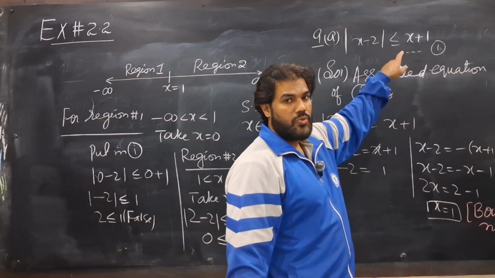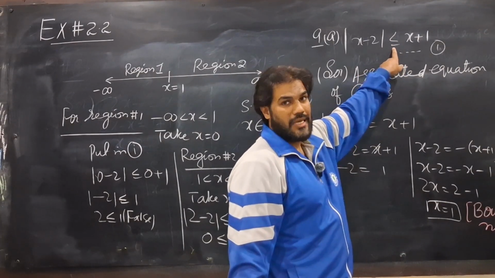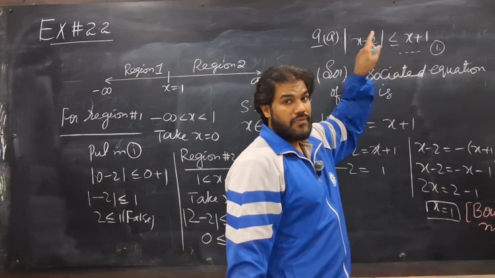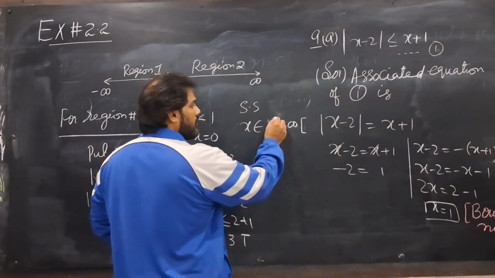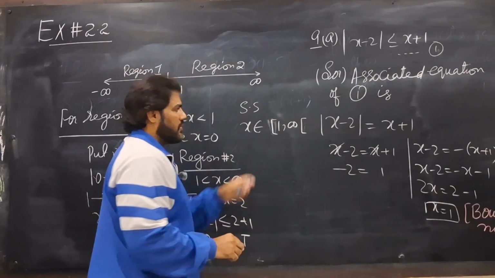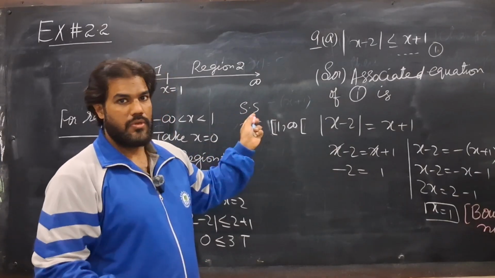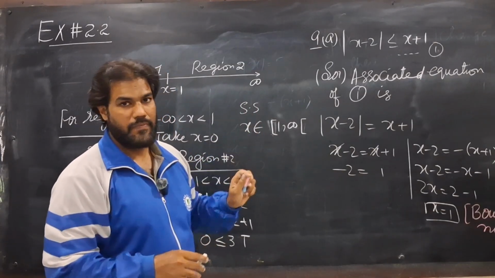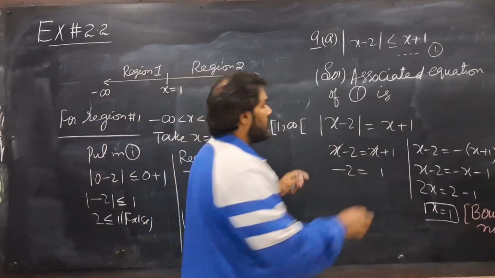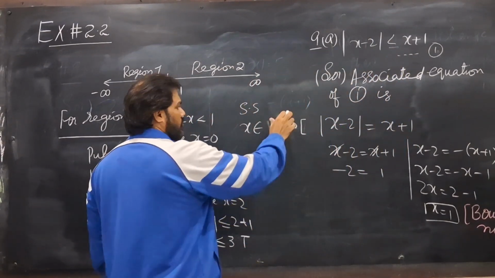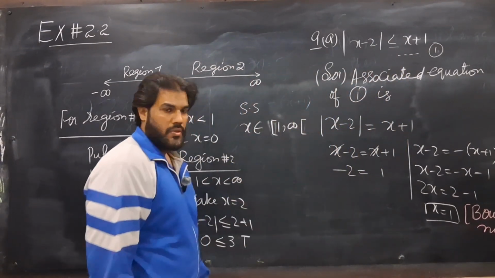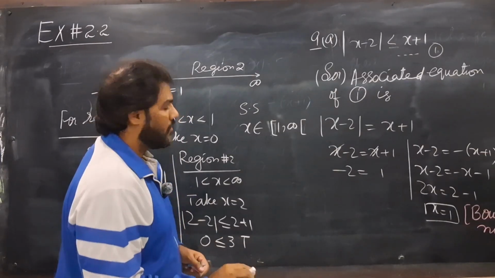In inequality number 1, you can see there is an equal sign here, less than or equal. If the equal sign is present in the inequality, we will take the interval closed from the side of 1. If this sign is less than only, then this will be an open interval. So this is the fact.